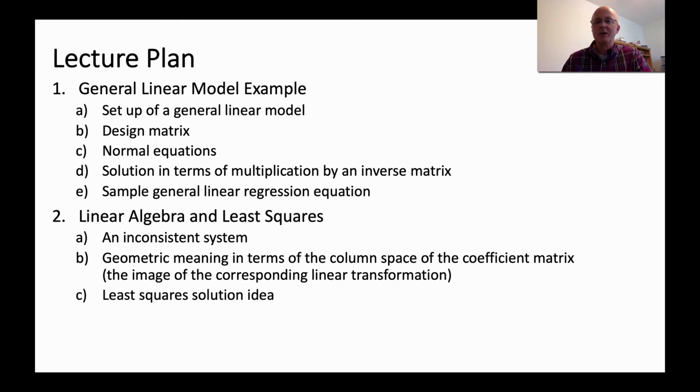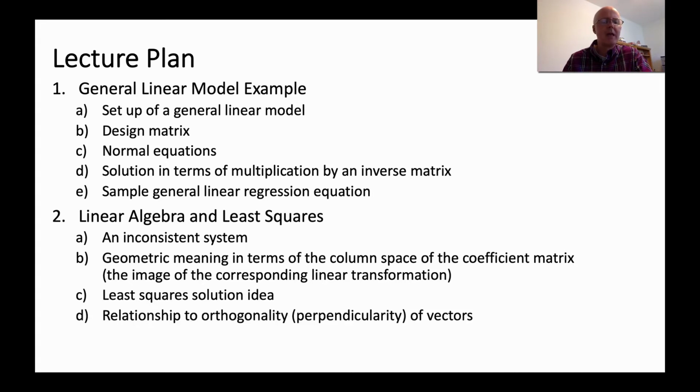The least squares solution idea will be related to the fact that the output vector that we are targeting, so to speak, will not be in the column space of the matrix. It will not be in the image of the linear transformation, but there will be a vector in that image that is closest to our target vector. And that would be the b hat that we will try to aim at with our least squares solution. That'll make more sense when we get there.